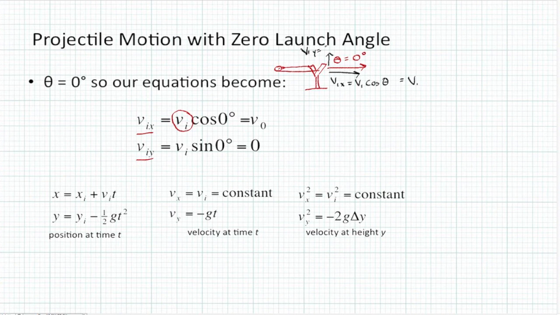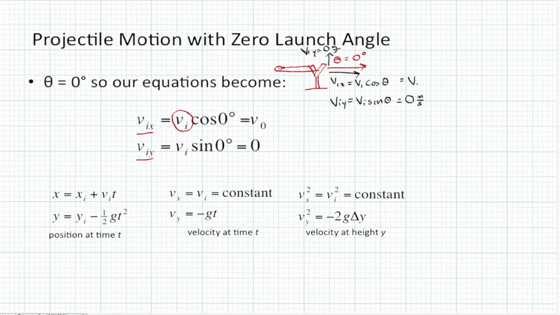So the y component is going to be 0 meters per second. If we want to prove it, the initial velocity in the y direction is the initial velocity times the sine of theta. If theta is 0, the sine of theta is 0. So that winds up being 0.